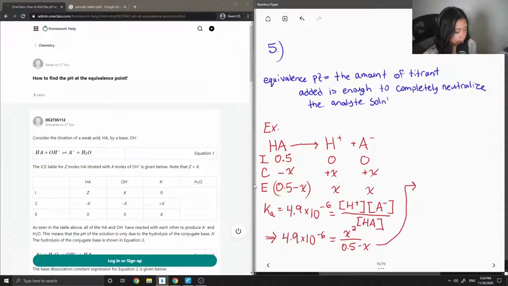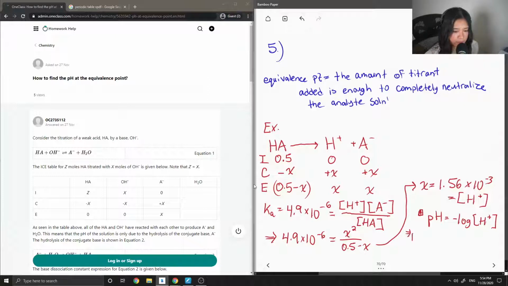So using a quadratic formula to solve for x, you end up getting a value equal to 1.56 times 10 to the negative 3, which is also equal to the concentration of H+. So we want to know the concentration of H+ because in order to calculate pH, it's going to be the negative log of the concentration of H+.